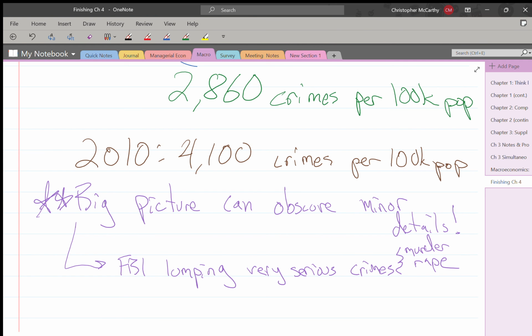Most people would agree that murder and rape do far more damage than typical theft.